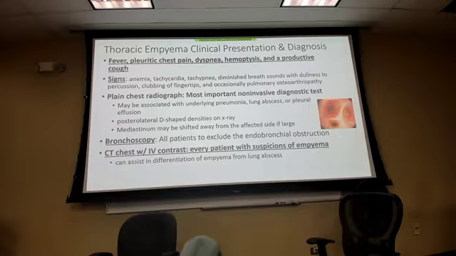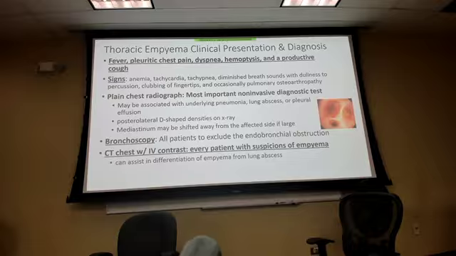So chest x-ray is the most important non-invasive diagnostic test. But we still might need to do bronchoscopy, especially if we need to rule out obstruction, right? They're having a really bad VQ mismatch, they're just not ventilating correctly, maybe this empyema is compressing on the actual lung itself, and you potentially need to open up that airway, put a stent in, or just figure out what that obstruction is.